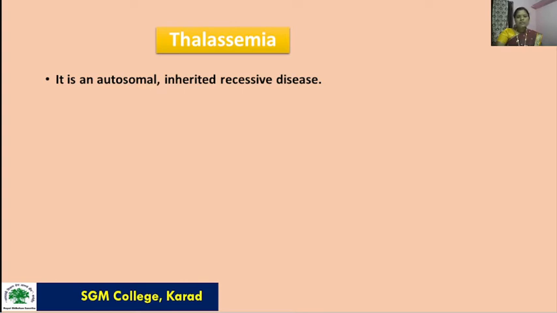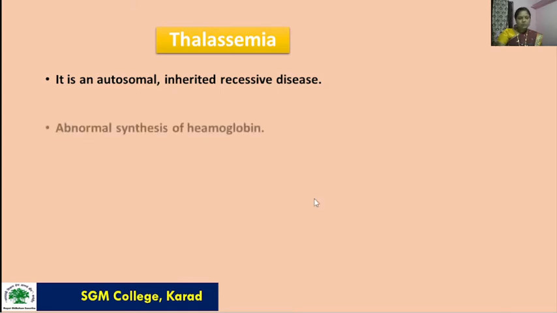The synthesis of alpha chains is controlled by 2 closely linked genes, HBA1 and HBA2, on chromosome 16.